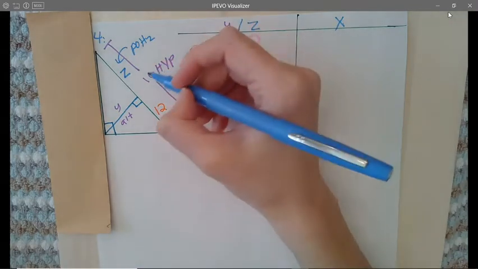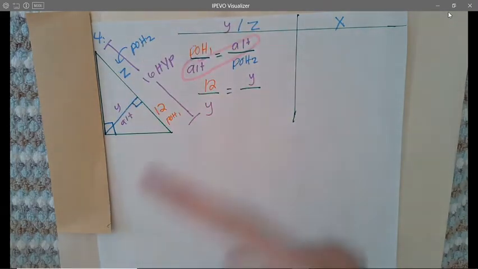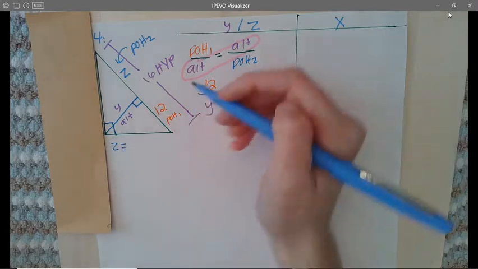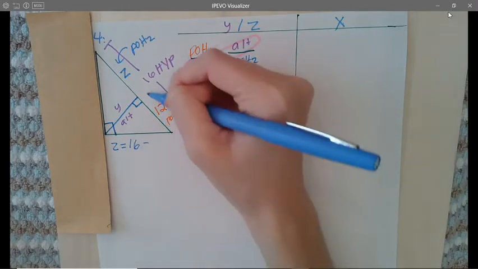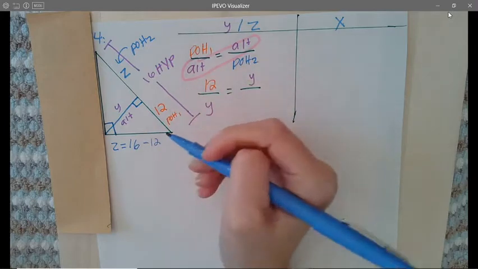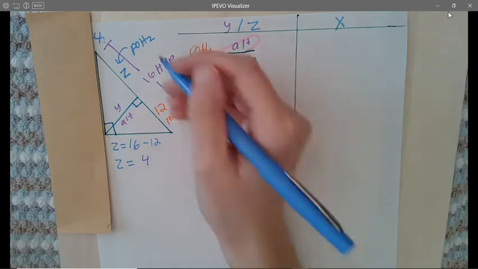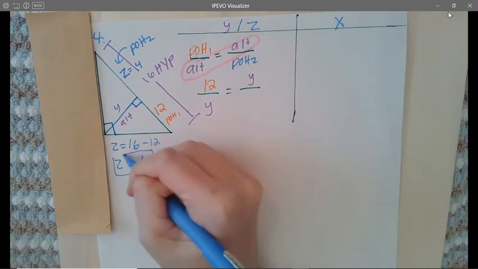If I simply do 16 minus 12, that gives me what's left over, the remaining part of my hypotenuse, which is z. So z equals the hypotenuse, 16, minus one piece of the hypotenuse, 12. So z is 16 minus 12, which is 4. So z equals 4. Yay!